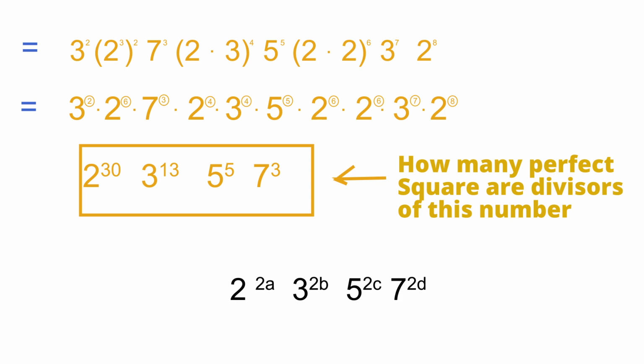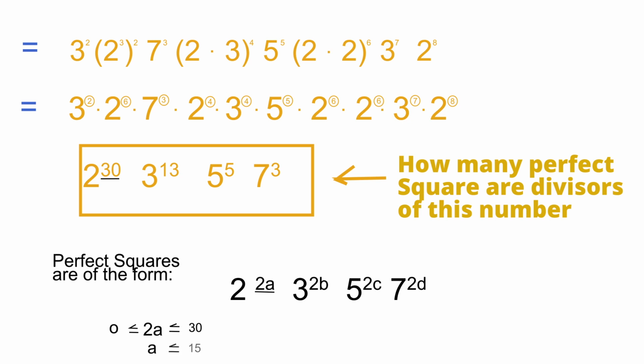It's a perfect square, so if you take the square root, it has to give you a number. Now, if we compare the exponents, you'll see that for 2a, the maximum it can be is 30, and the minimum, of course, is 0. So that means a is between 15 and 0.